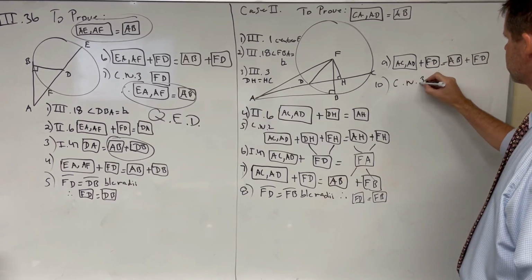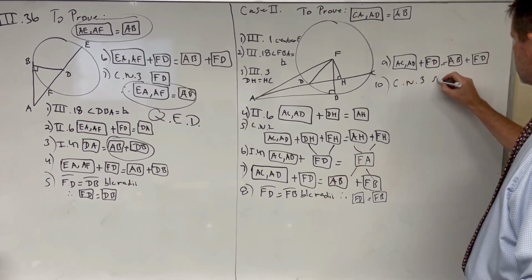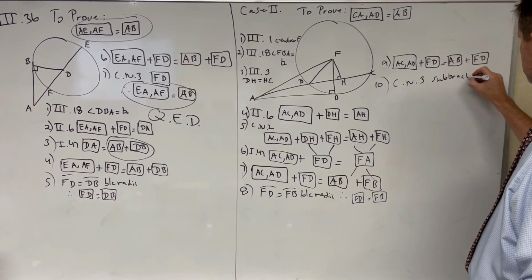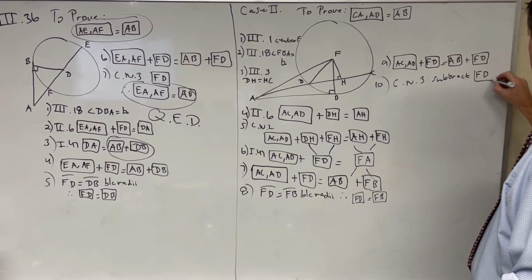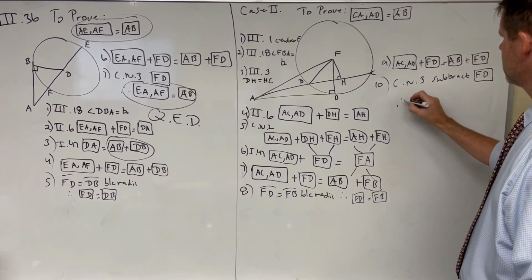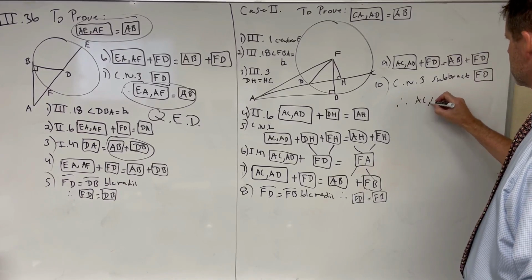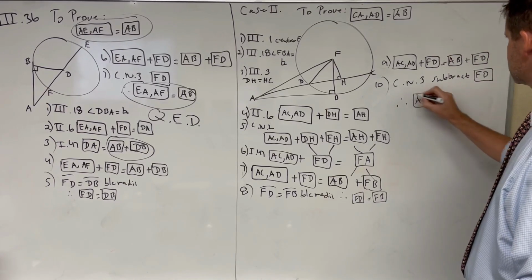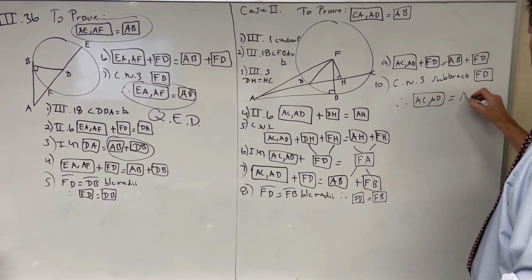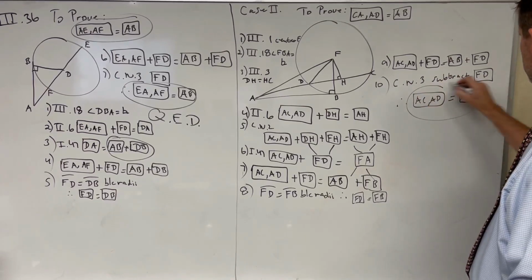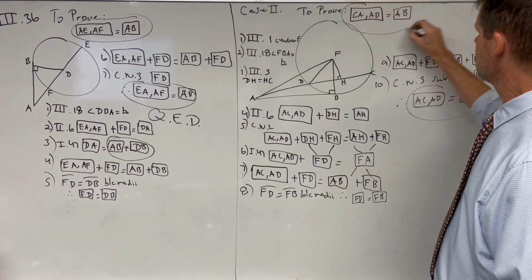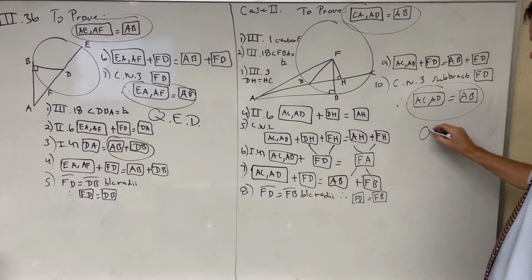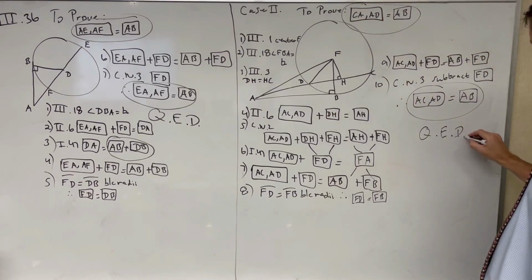So equals subtracted from equals makes the remainders equal. Therefore, we get rectangle AC, AD equaling the square on AB, which is exactly our to prove, QED.